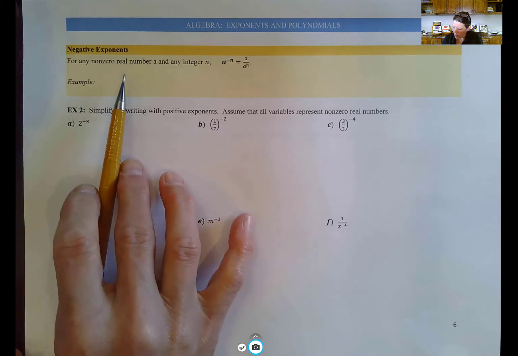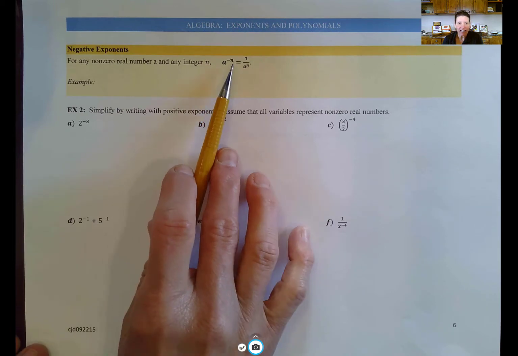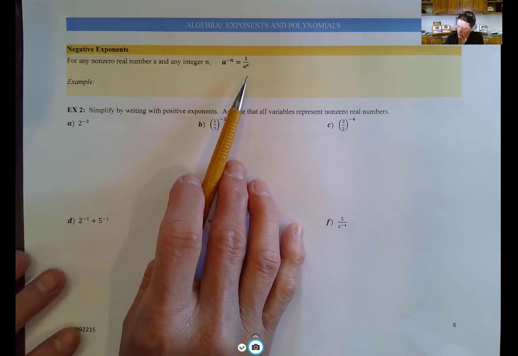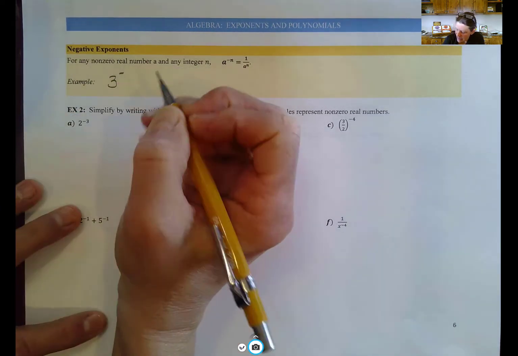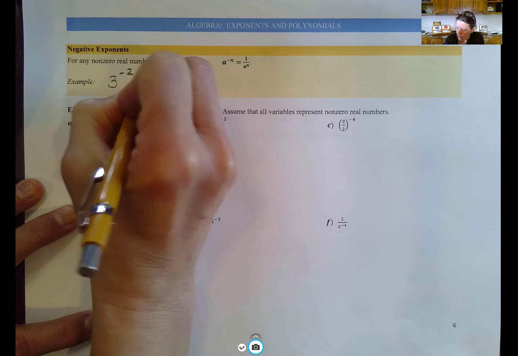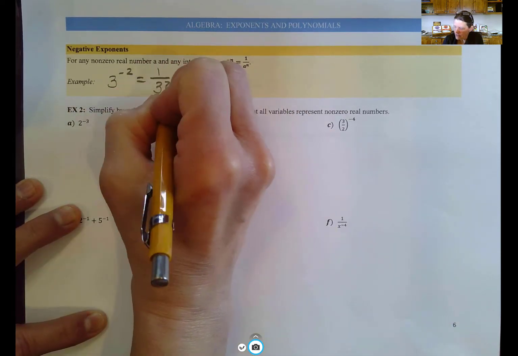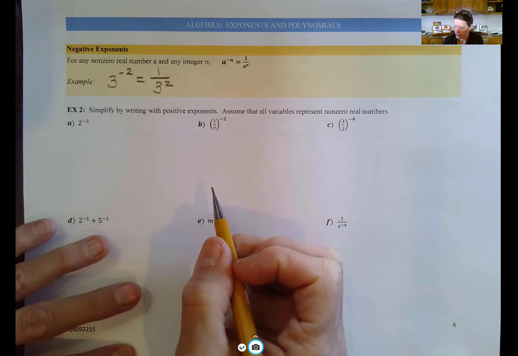For any non-zero real number a and any integer n, a to the negative n is equal to 1 over a to the n. For example, 3 to the negative 2 power is equivalent to 1 over 3 to the positive 2 power. And we saw this pattern on our previous page.